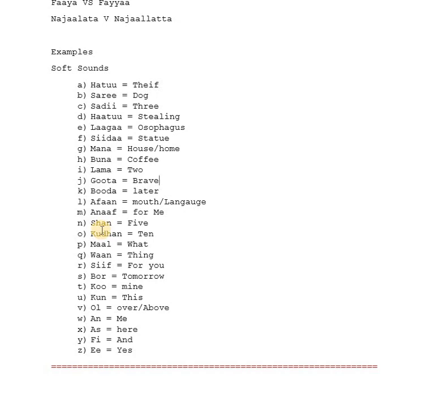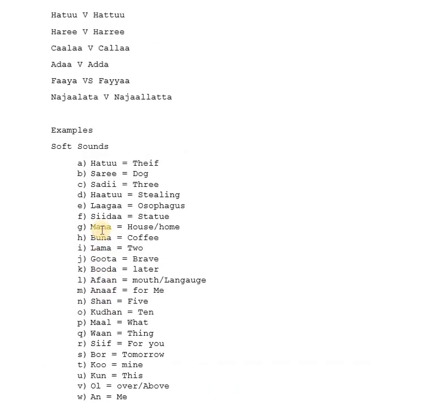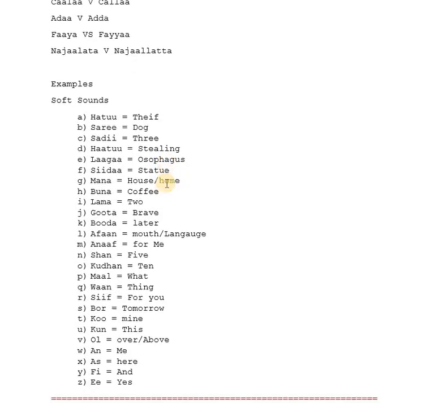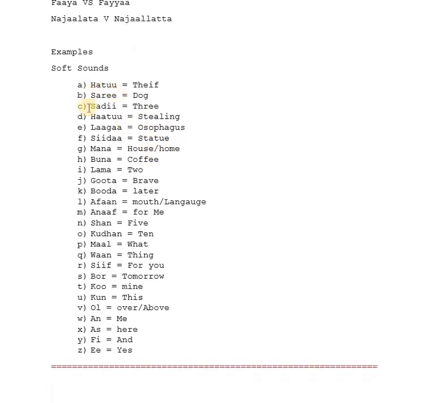And I tell you one rule here. In any of the soft and strong words, there is no way the first sound becomes strong. No way in Oromo do you find the first sound strong.